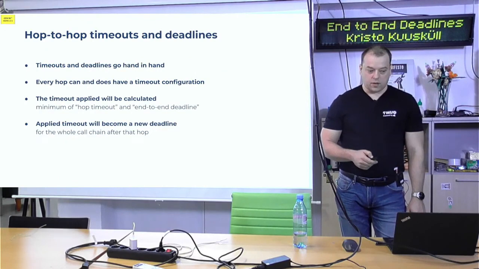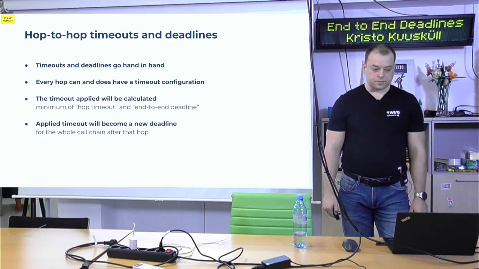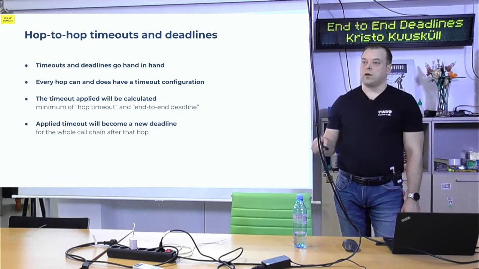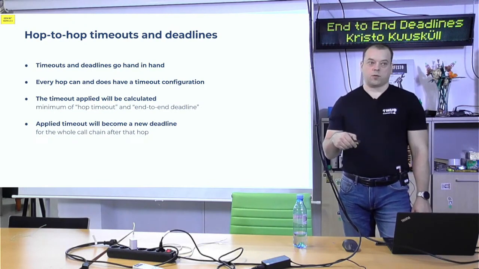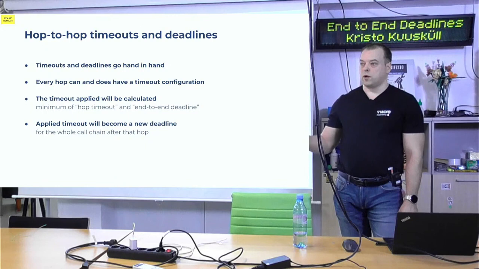But how can they work together with deadlines? They actually go hand in hand. Even when we are setting an end-to-end deadline at the beginning of the request in the ingress proxy, it doesn't mean that you can't have smaller timeouts for every hop.